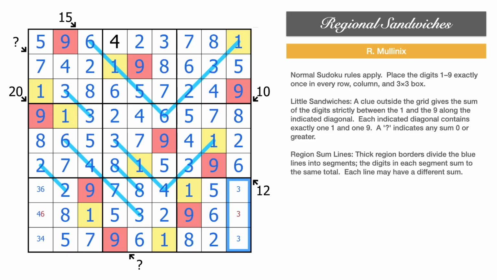And a 3, 4, 7. So 3, 4, 7, 4, 3, and a 6 for the end of the puzzle. Let's check. Make sure I did it right. Okay. Thanks for watching.